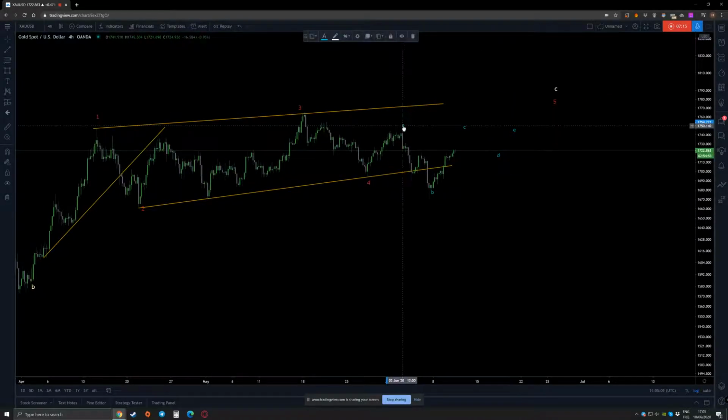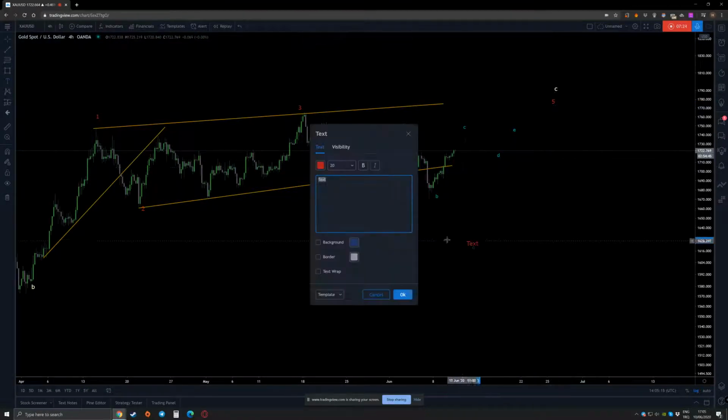Now, after this wave A and B, as of now, I don't know what kind of correction this fifth wave can do. Just so you guys can understand, the fifth wave can do a flat for us. It can do a zigzag for us. It can do a triangle for us, a simple correction.